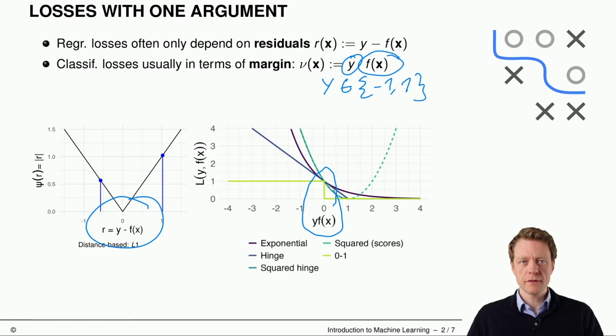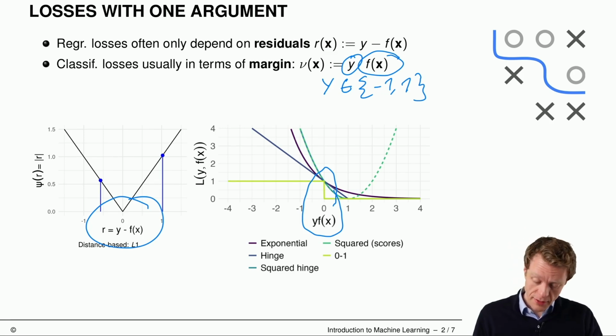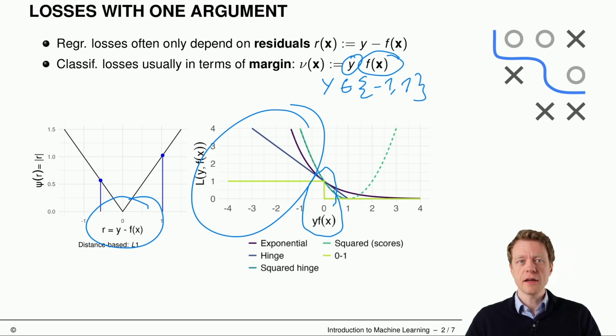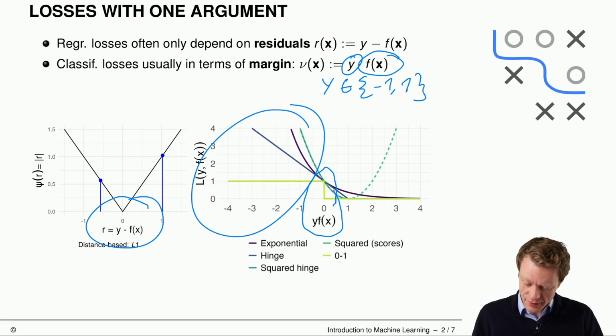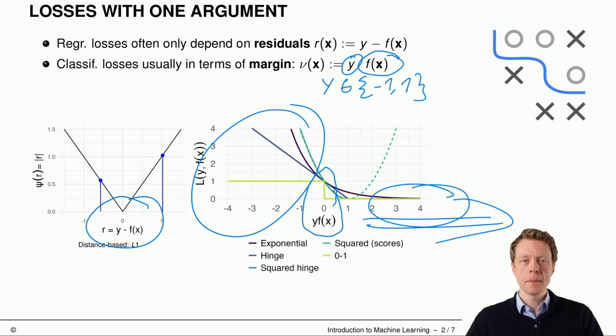So if the model is very unconfident, it perhaps doesn't really have an opinion about that prediction task, it just doesn't know, but that's not too bad. It gets really bad if we are here on the left-hand side, if we are predicting the wrong class and are very, very confident that that's correct. That's the worst part, and it gets better the further we get to the right-hand side. So if we classify correctly and are very confident about our prediction, that's a good thing.